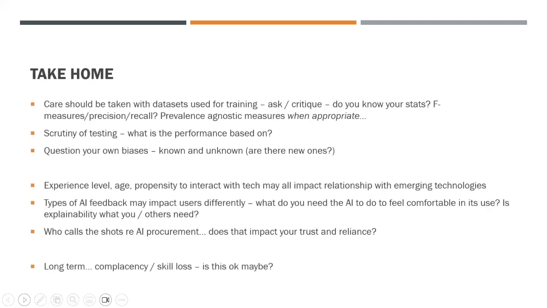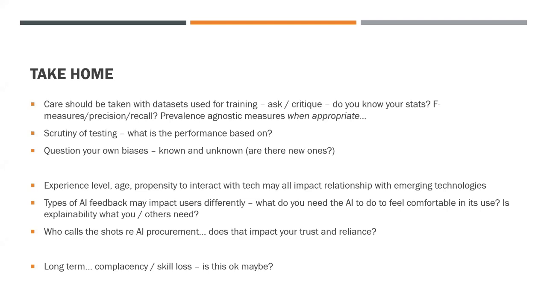But as take-home messages, in bite-sized pieces: care should be taken with data sets for training. Ask and critique when you're talking to a vendor. Ask them about their training data sets. Look at those papers that you're reading. Look into what data sets they are using. Do you know your stats? Jordan alluded to some of these, but do you know what F measure is?